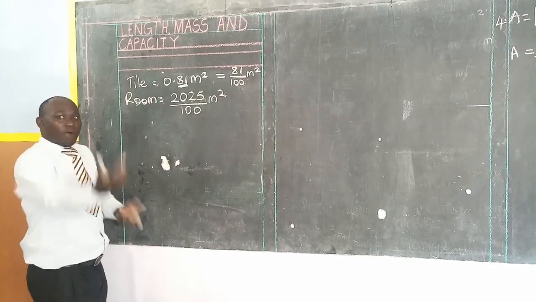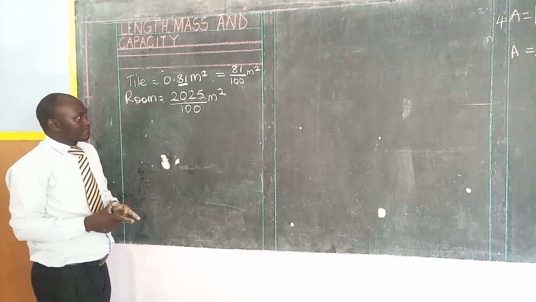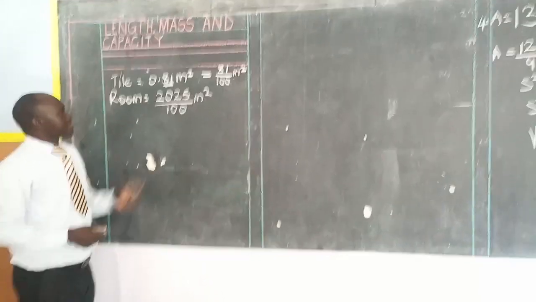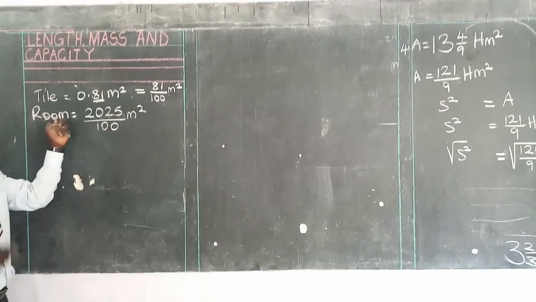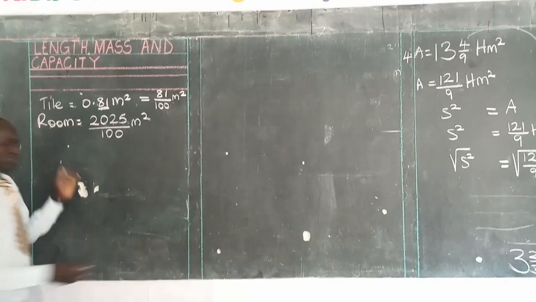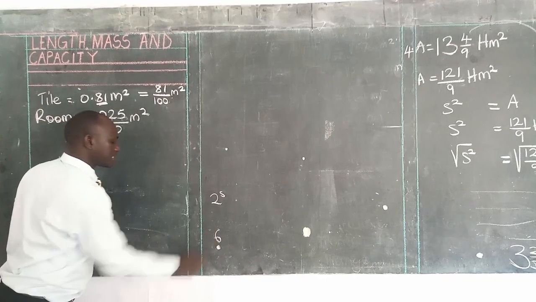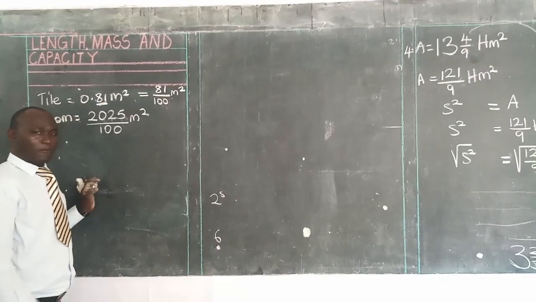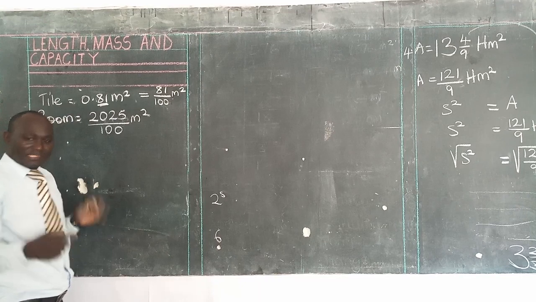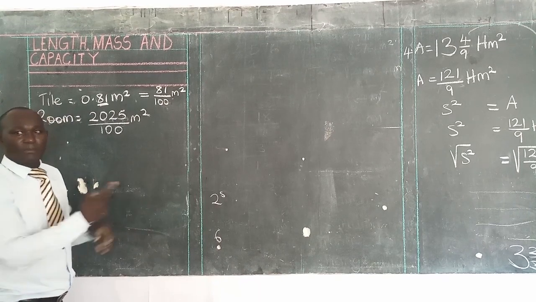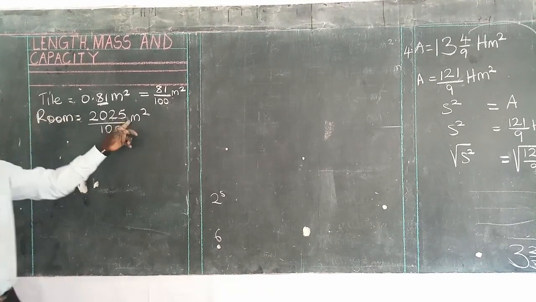The question was how many square tiles are needed to cover a room of this size. Now, if I asked you how many 2s are there in 6, what will you do? Of course, you divide 6 by 2 to come up with 3. The same thing is done here.